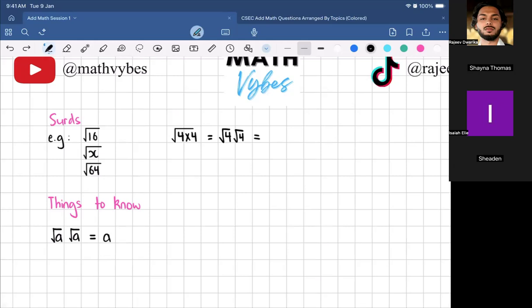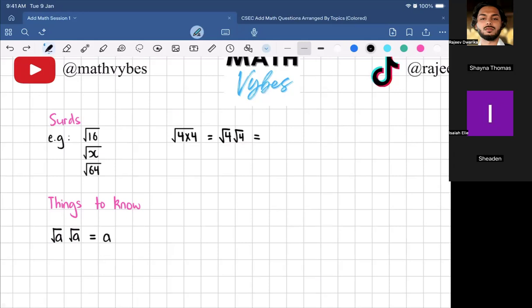Right. And so we realize that we could write 16 as 4 by 4. Yes or no? Yes. And so I ended up with a product inside of a surd sign, and I could take that and write it as a product of two smaller surds: the square root of 4 by the square root of 4.